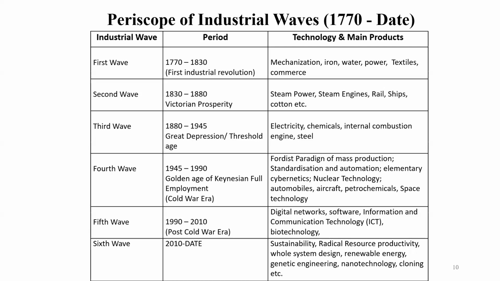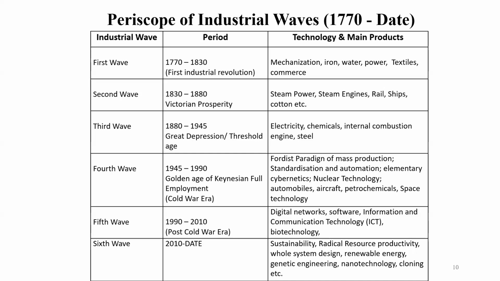The introduction of the personal computer also revolutionized the computing world, which came between the fourth wave and the fifth wave. ICT came about in the fifth wave, and that changed so many things. It is during that period we began to have email, the internet, and all of those.